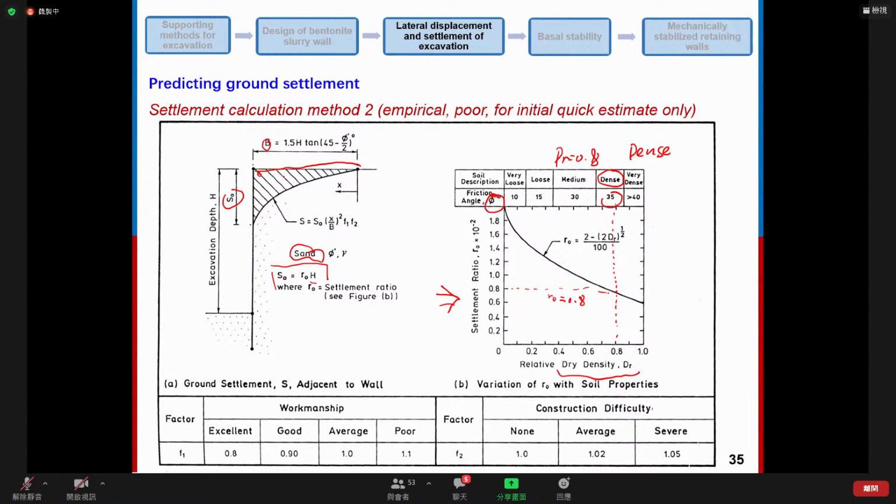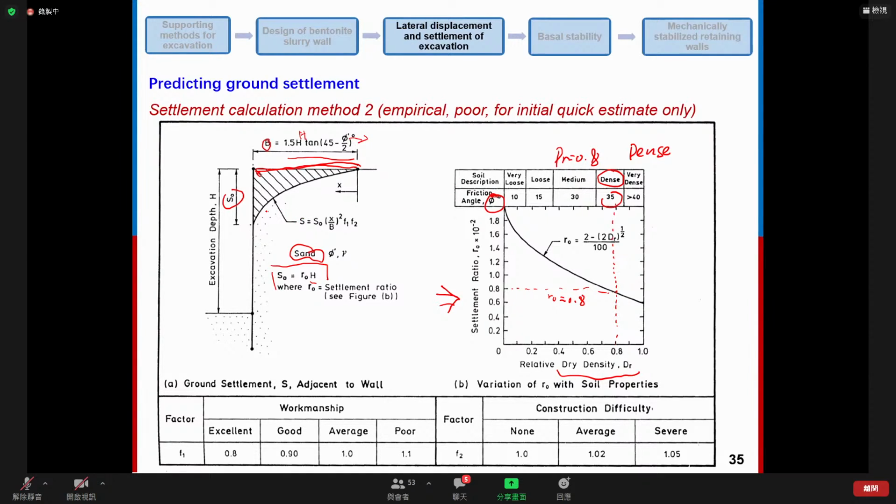Okay. The distance b can be calculated by this equation. From here, we need to know the depth of the excavation h, and also we need to know the friction angle, which we can get from this table. Okay.